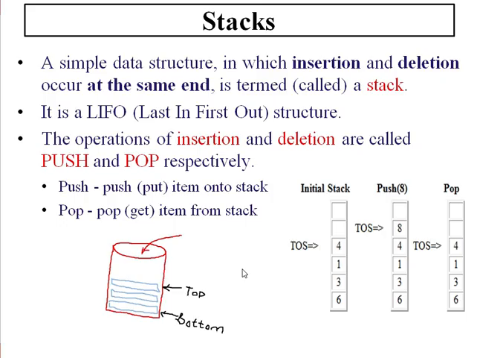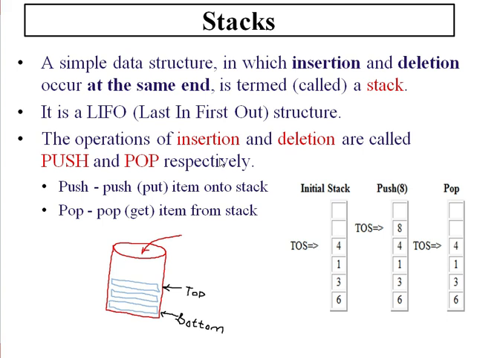Those are the only two operations that can be applied on stacks, and the way those two operations are applied is termed LIFO, which means last in first out. So in this principle, the two operations are applied. What does it mean?